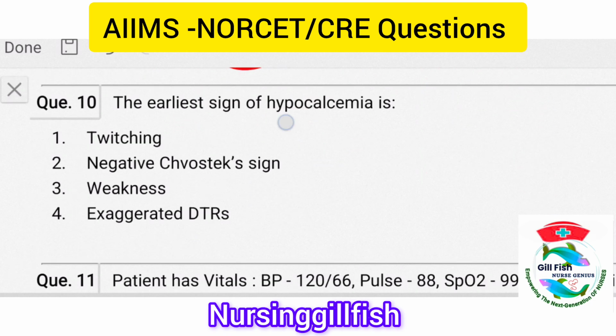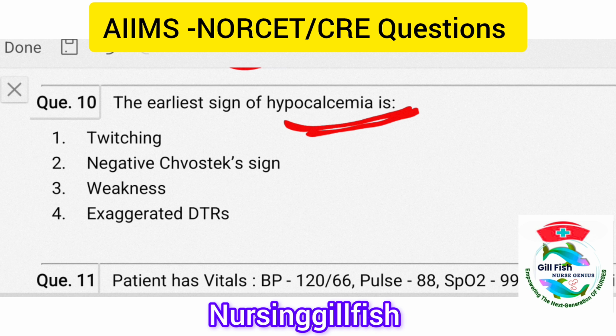The earliest sign of hypocalcemia. Option 1 twitching, option 2 negative Chvostek's sign, option 3 weakness, option 4 exaggerated DTRs.